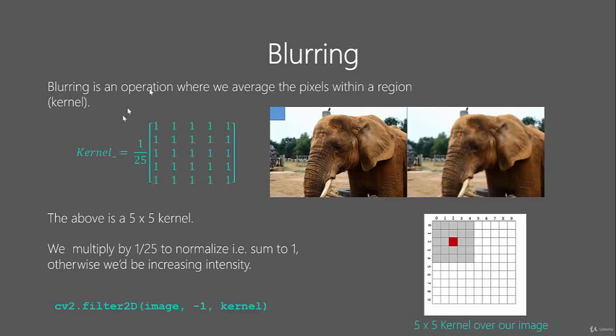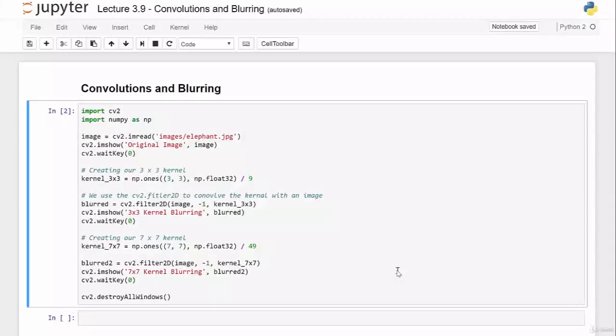That's called normalization of our kernel matrix, because we want all the elements in this matrix to sum to 1. Now, the first blurring method I'm going to introduce you to is OpenCV's filter2D. It takes an image and runs it past the kernel here. So we're about to introduce that in our code, so let's go to our code and do so now.